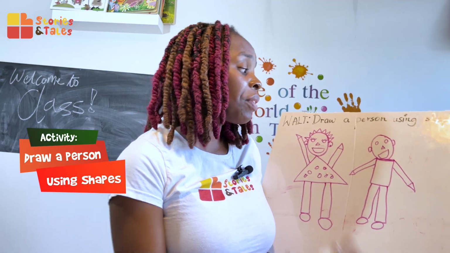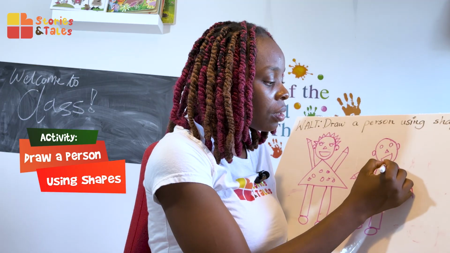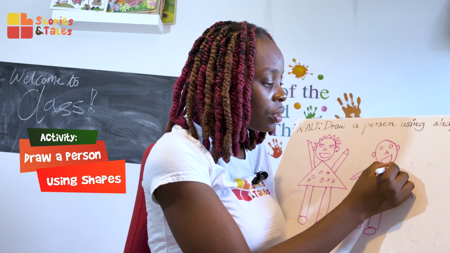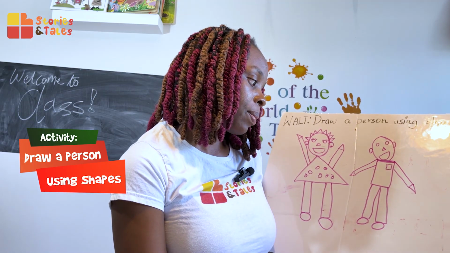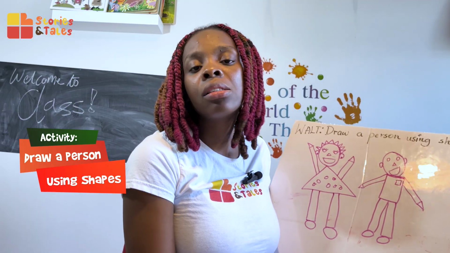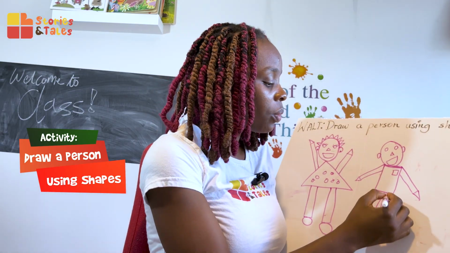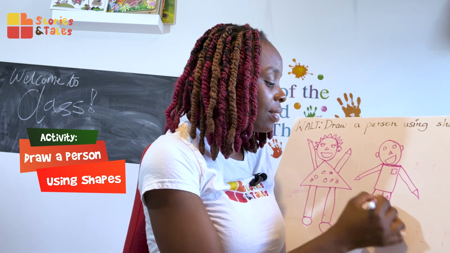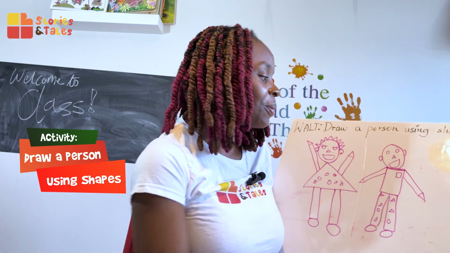There you have it. Now, if you want to make the boy look funky, you could put a pocket, which is going to be a square over here. You could also make his trousers polka dots, or just put patterns on them. So it could be rectangle and triangle, triangle, triangle, circle, circle, circle.